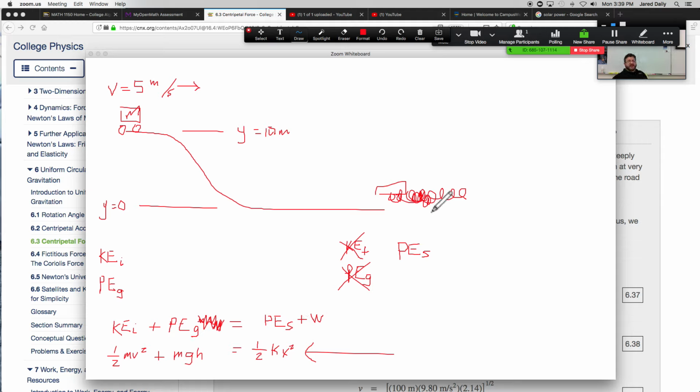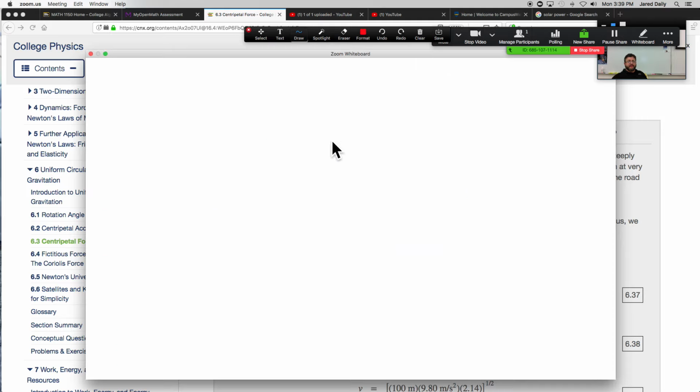So the overall work conservation, work energy kind of equation is you add up all... Well, you could even say this. You could say that the energy initial minus the work done by non-conservative forces like friction and sound and heat and stuff like that equals the energy final.